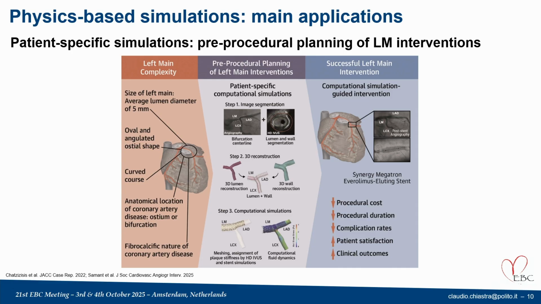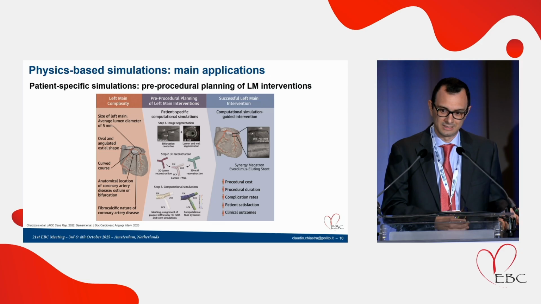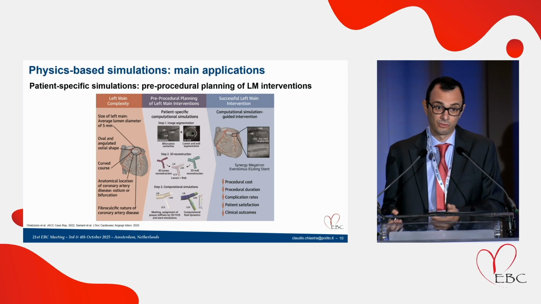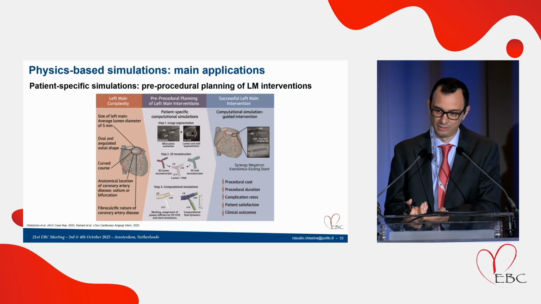Just briefly, it's possible to create 3-dimensional models of the coronary arteries, coronary bifurcations, from angiography and IVUS, including also the plaque morphology and taking into account the different stiffness of the plaque. And then it's possible to perform the structural simulation and the fluid dynamic simulation prior to the stent being implanted in the patient.